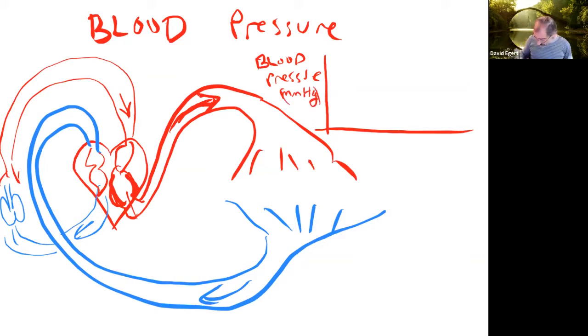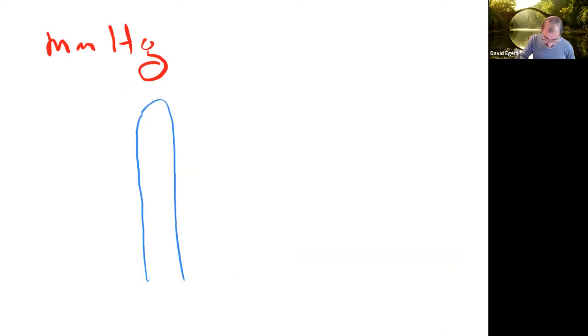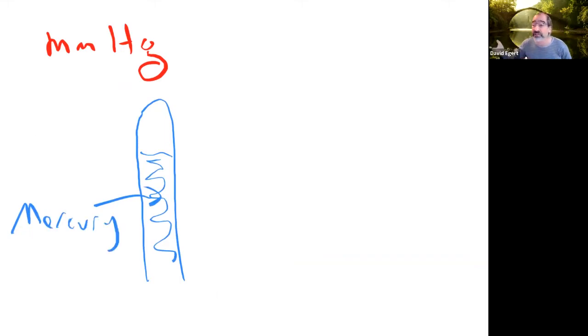And maybe I'll do a quick little aside. This is our typical unit for pressure, millimeters of mercury. It's a very literal kind of thing. If we were in lab, I would show you an old school sphygmomanometer. It's literally a tube filled with mercury, a liquid metal, the stuff that's in the old thermometers.